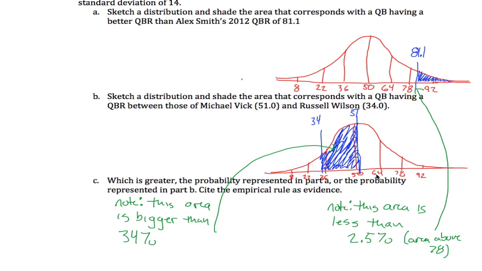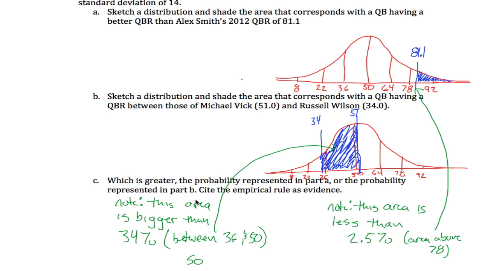So between 36 and 64 is 68%. So using symmetry, between 36 and 50 has got to be 34%, half of 68. And from 34 to 51 is bigger than 36 to 50, right? This is nested inside this. So this area is bigger than 34%. This area is less than 2.5%.